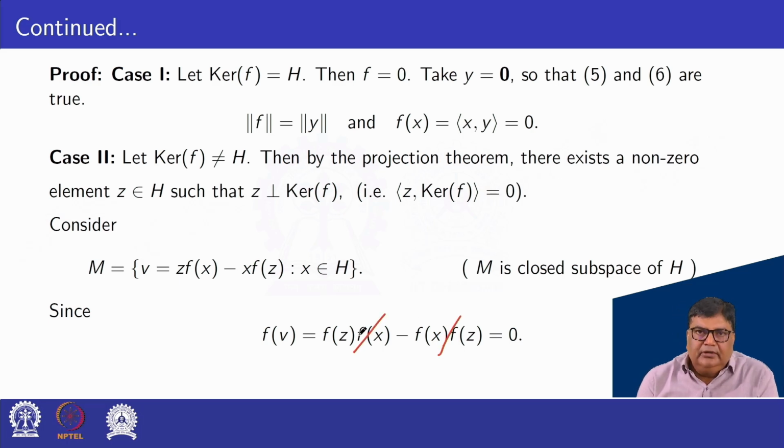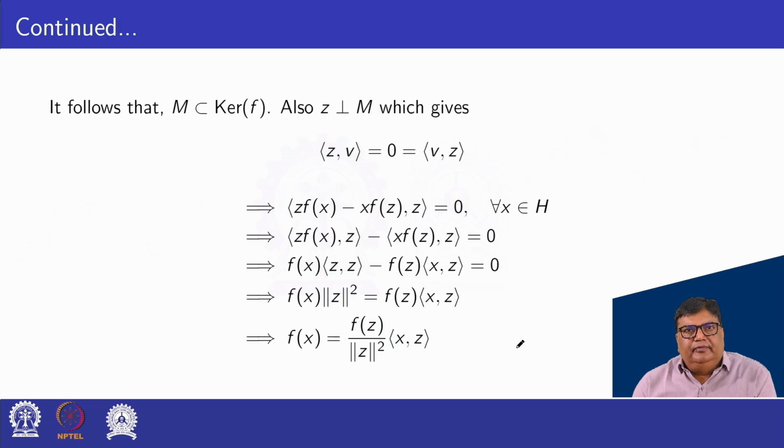That is 0. Okay, so f of v is equal to 0. It follows that M is a proper subset of kernel f. Also, z is perpendicular to M, which gives the inner product of z, v is equal to 0.